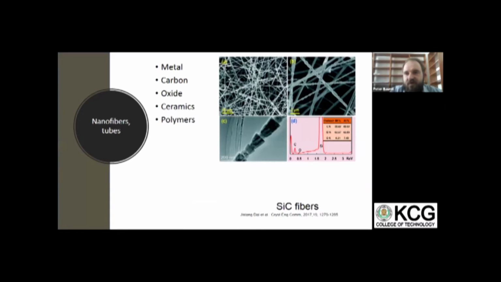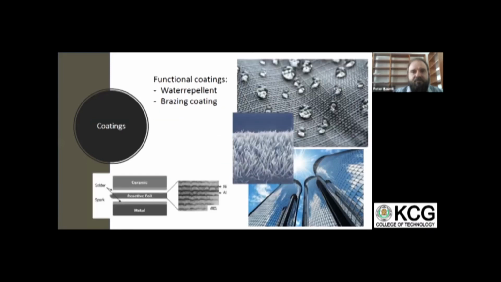Nanofibers and tubes we can prepare also, as you can see here in this figure, and the materials of these tubes are metal, carbon, oxide, ceramics, and polymer, as in the particle situation. In this figure, I show silicon carbide fibers.